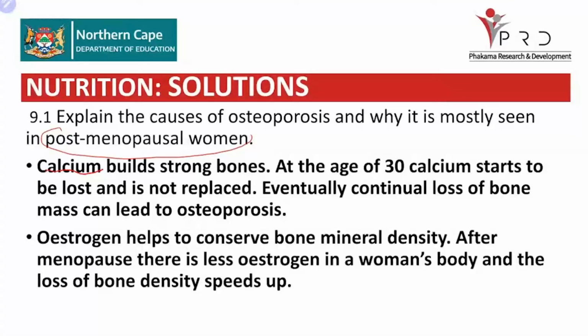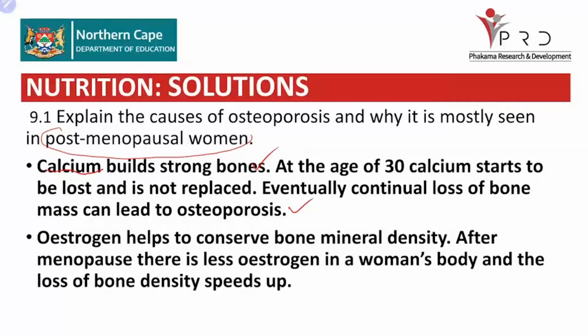So the answer says at the age of 30, calcium starts to be lost and is not replaced. Again, we said calcium is easily lost rather than replaced in the body. Right. So eventually, continual loss of bone mass can lead to osteoporosis.